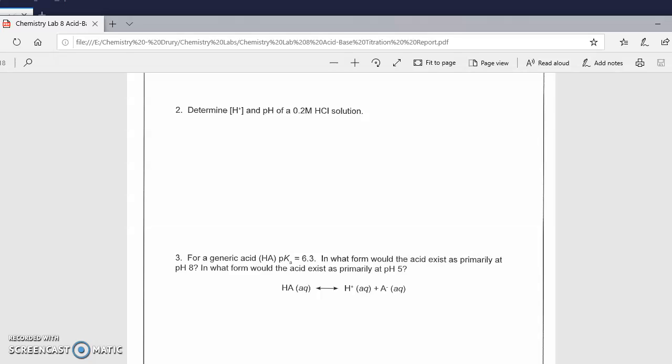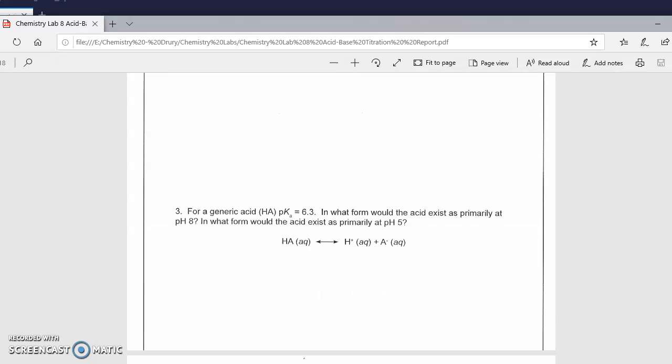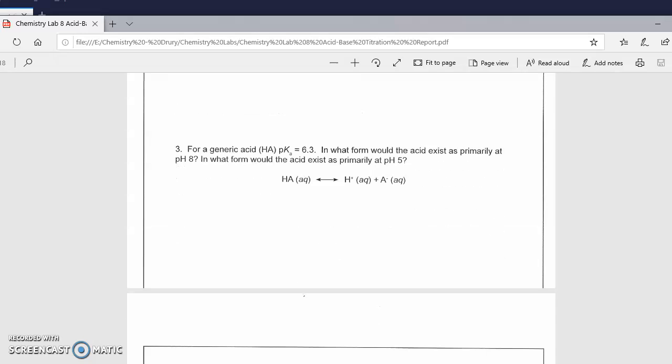So again, here you've got the HA aqueous going into the two separate ions. At pH 8, the pH is higher than the pKa of the acid, so it exists primarily as the A- ion, right? Because all of the acid would have been neutralized by the base.